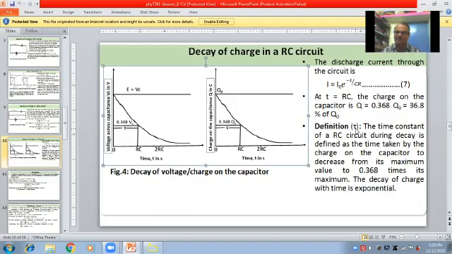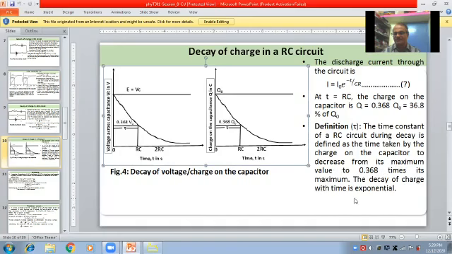So similarly, we can define the time constant for decay. This is the time constant for decay. The time constant of an RC circuit during decay is defined as the time taken by the charge on the capacitor to decrease from its maximum value to 0.368 times its maximum.